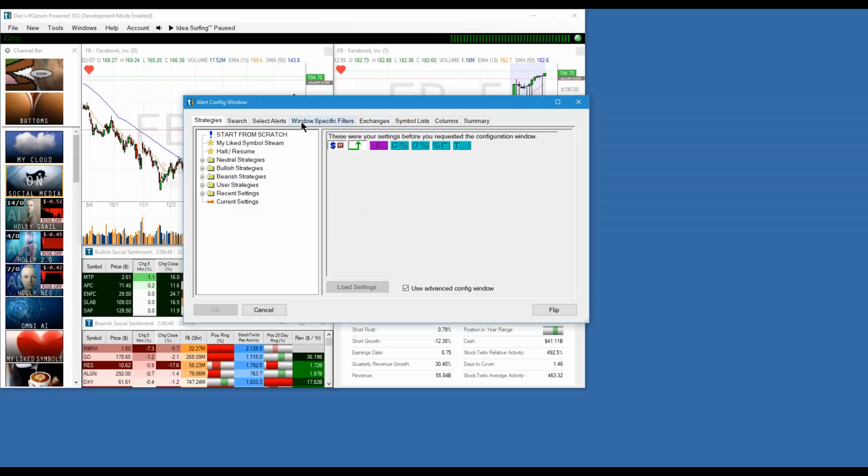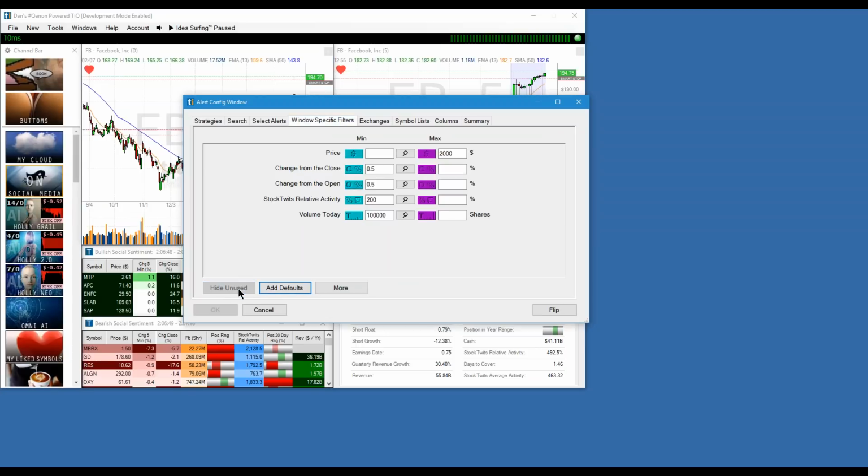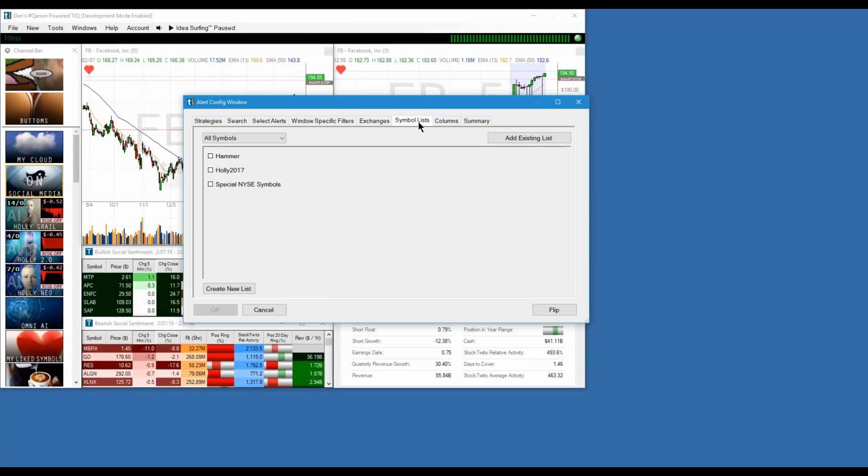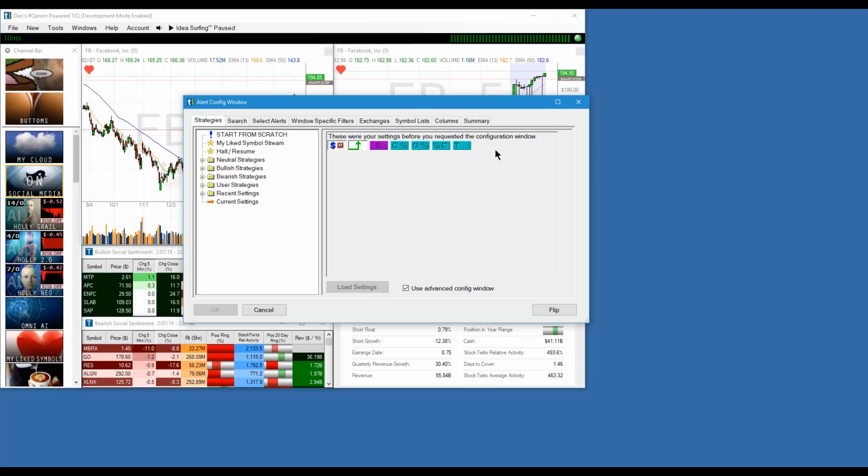I'll show you the window-specific filters: up 5% from the close, half a percent from the open, and unusual activity of 200, meaning it's being talked about 200 times more than normal, with a maximum price and some volume. You can tweak all of that, change exchanges, and put it on your own symbol list if you want. All of that is available.